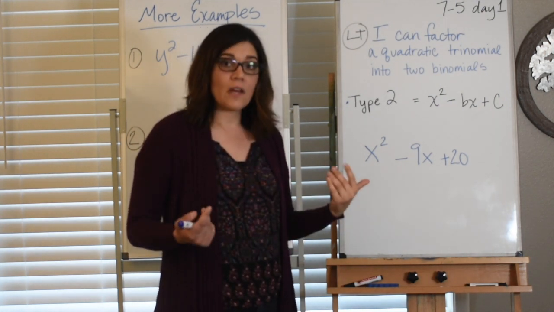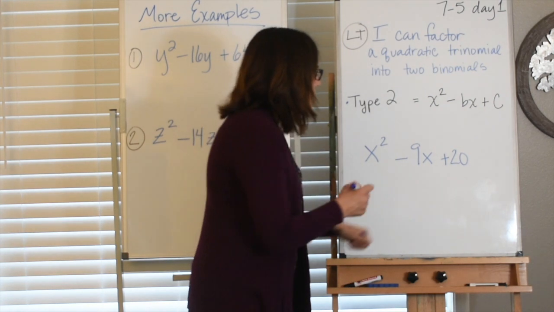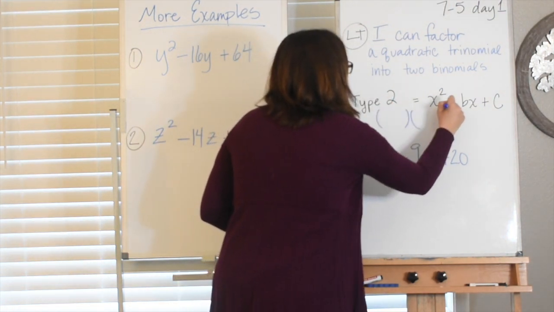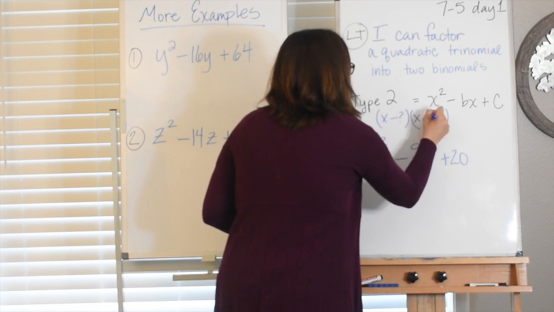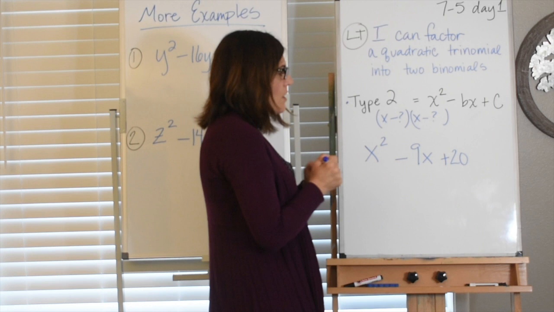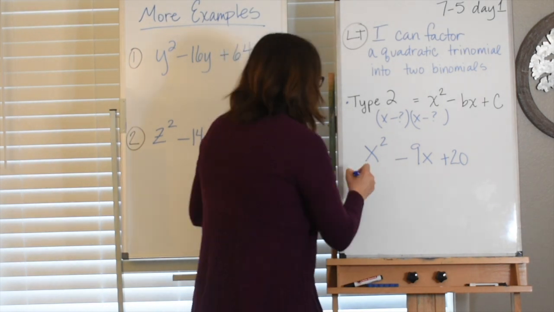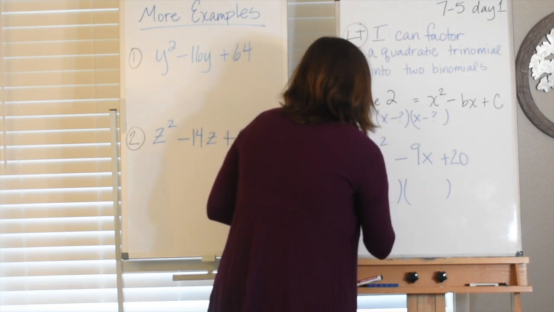Because a negative times a negative is a positive. So I know that my two binomials are going to end up looking like this. x minus something times x minus something, okay? So we're going to use the same strategy that we used for type 1. We are going to set up our binomials the way that we know they're going to end up.